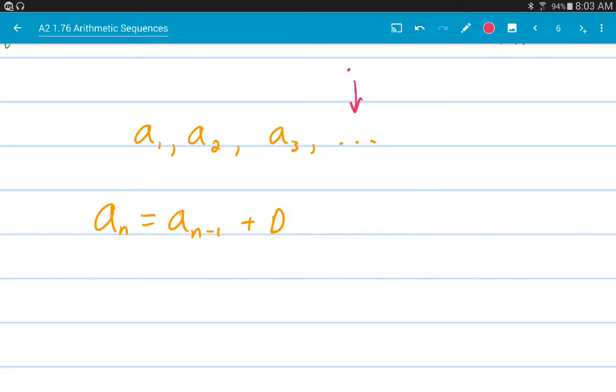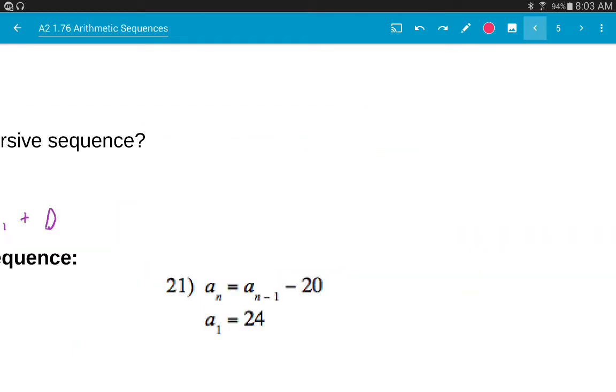If I want this guy right here, because I don't know the fourth term, well, the fourth term is equal to, let's just sub in 4 for n. And when I simplify this, I get that a sub 4 is equal to a sub 3 plus the common difference. So any term is equal to the term before it plus the difference. So that's where we get that notation from, and that's why I read it as a sentence and why it means what it does. All right.